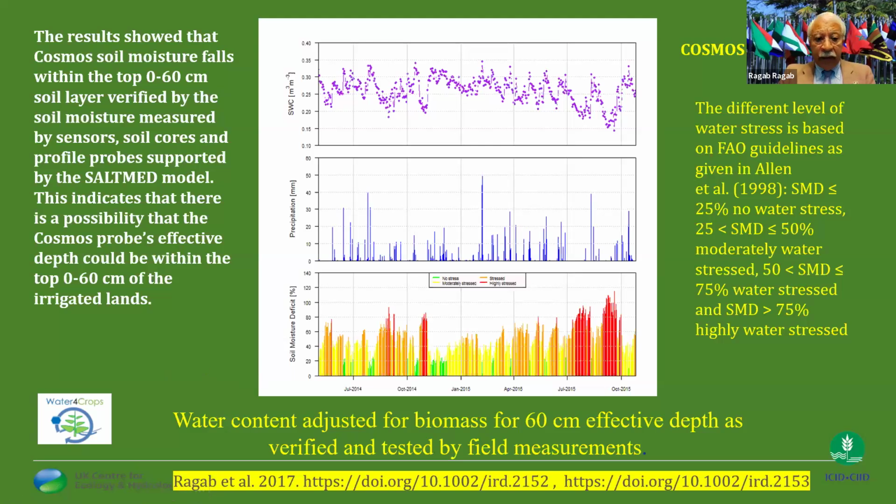We didn't do that because in the UK, as I mentioned, we are not concerned about irrigation much, but I hope that sometime we'll be able to bring this into operational level and make good use of this technology.